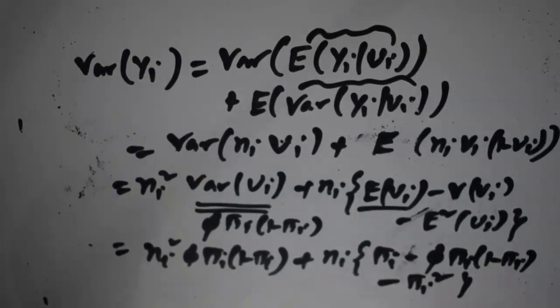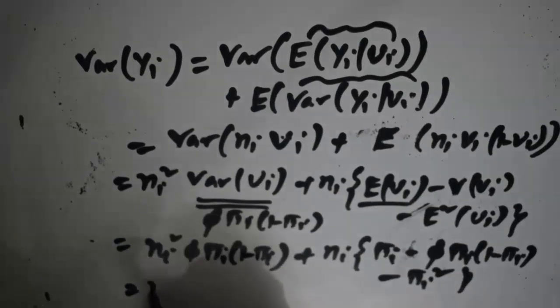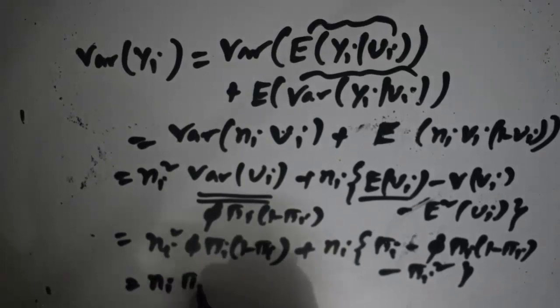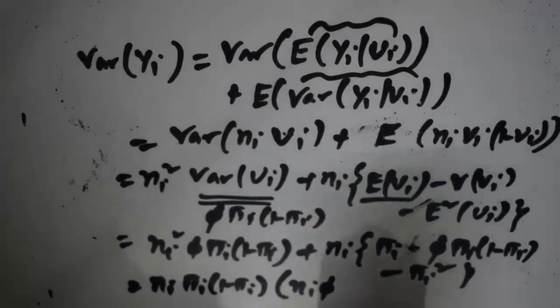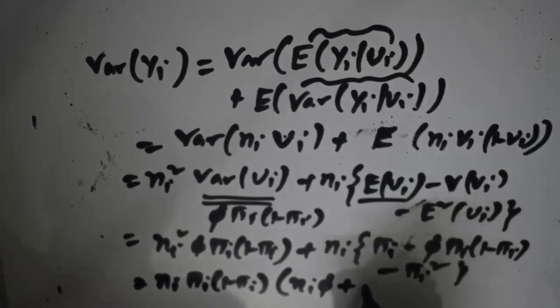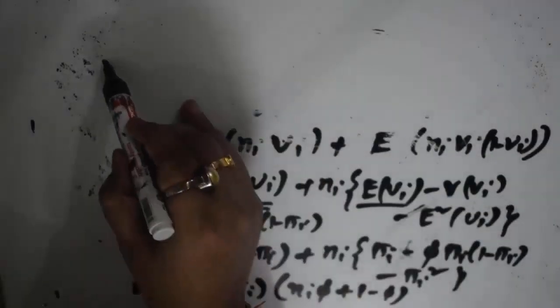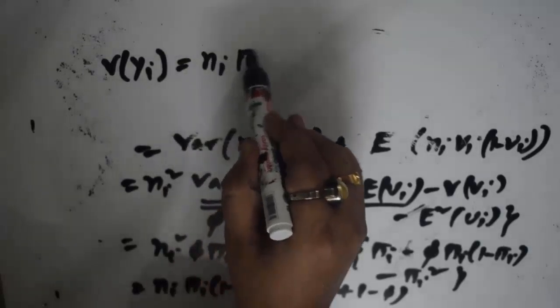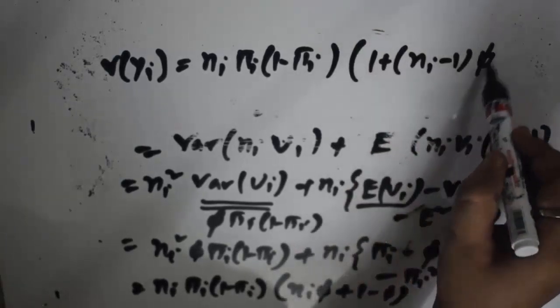So if you take Ni pi i into 1 minus pi i common, we get Ni phi plus 1 minus phi, and we get the variance of Yi equal to Ni pi i into 1 minus pi i times 1 plus Ni minus 1 times phi.